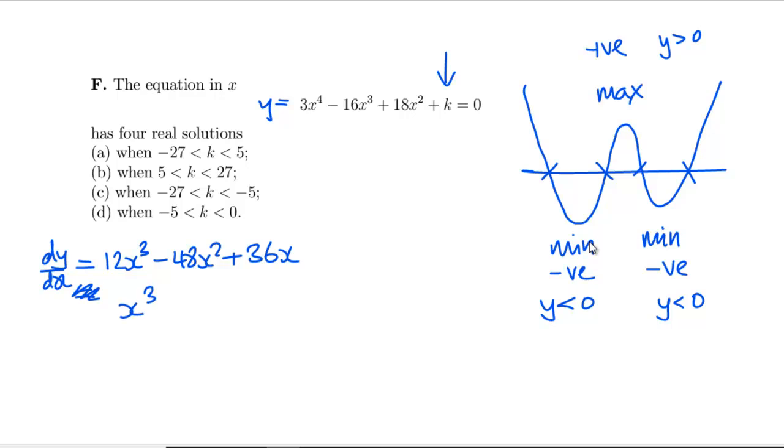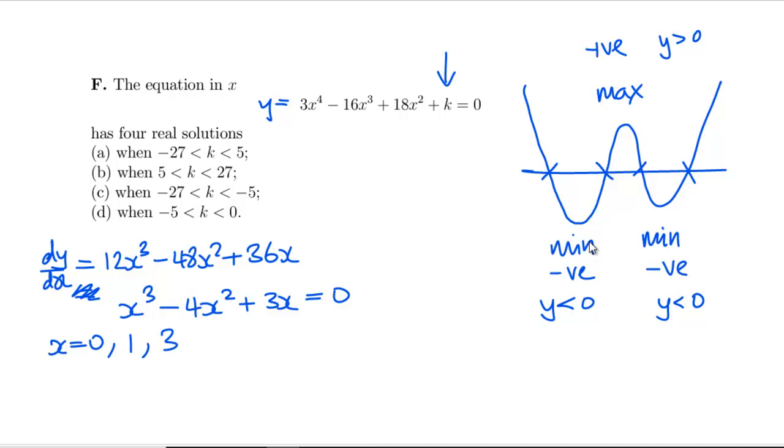So we want x cubed minus 4x squared plus 3x is equal to 0. So x equals 0 is certainly one of them. And then can we factorize? Yeah, we'd have a minus 3 and a minus 1. So we'd have 1 and 3. They're going to be our roots.